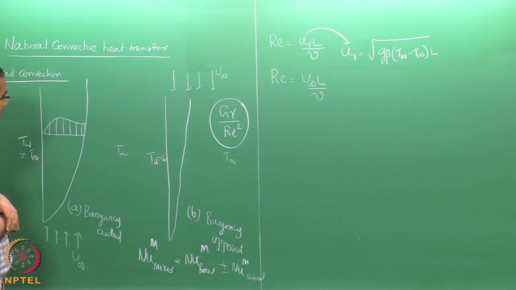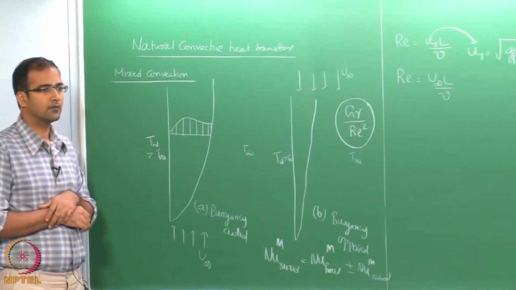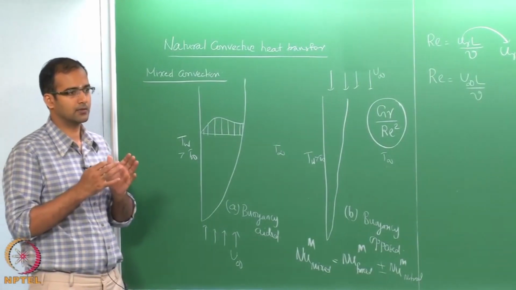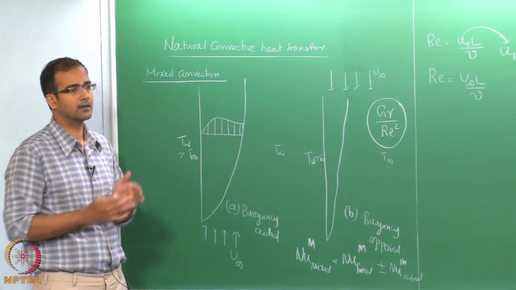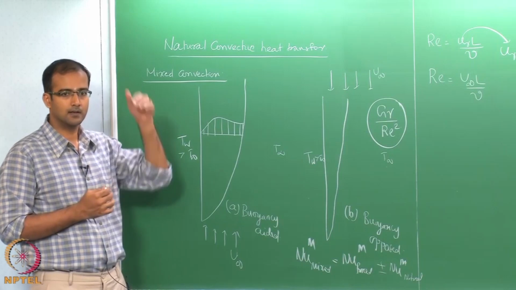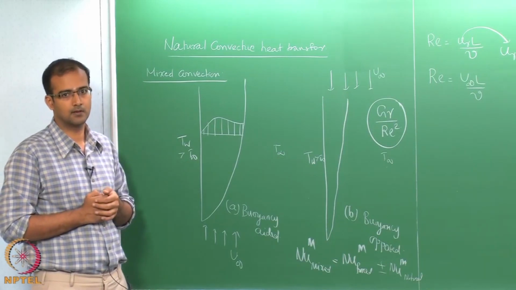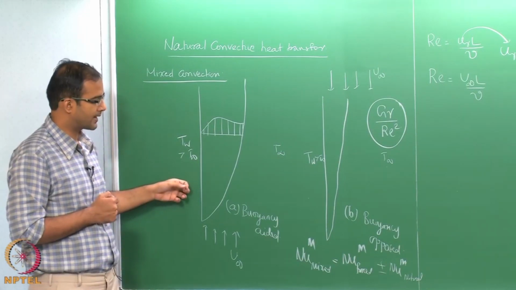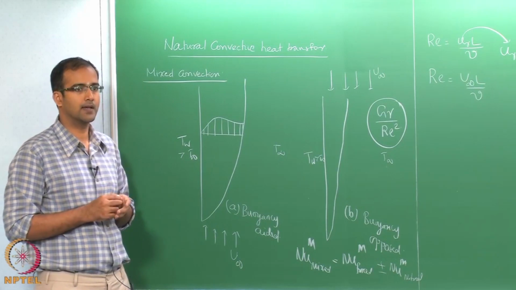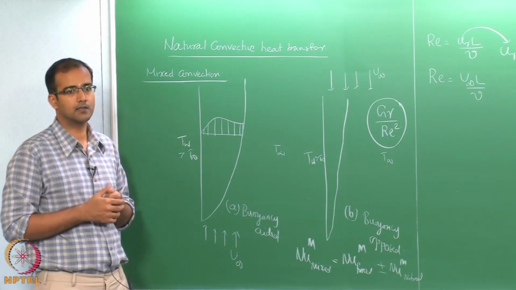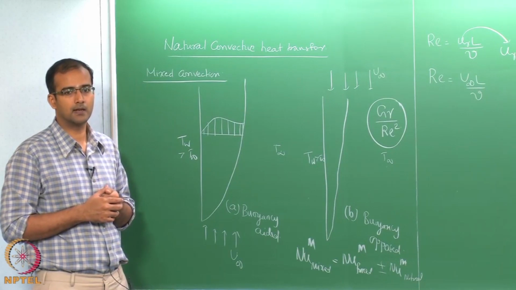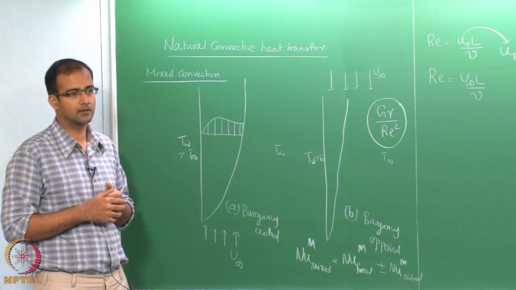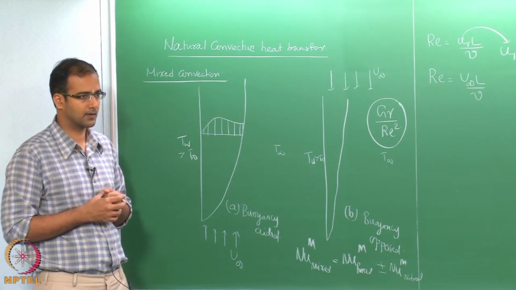Now, you can consider two scenarios where you can have the forced convection acting vertically upward or going downward. We call the case where the buoyancy and the direction of the bulk motion are acting together buoyancy aided natural convection, or buoyancy aided forced convection.